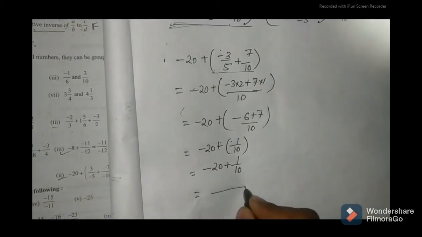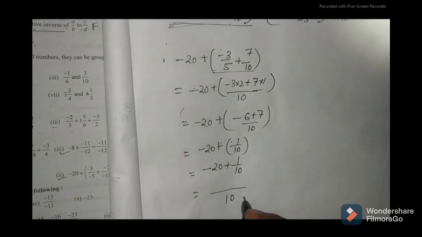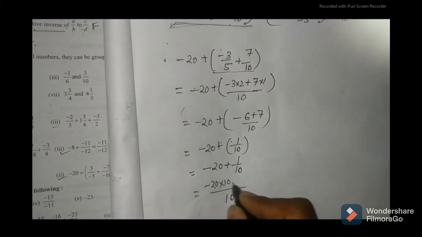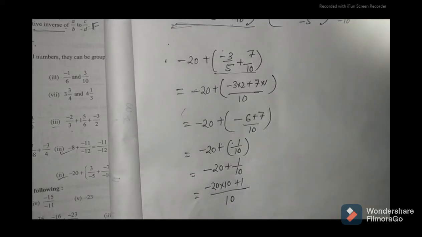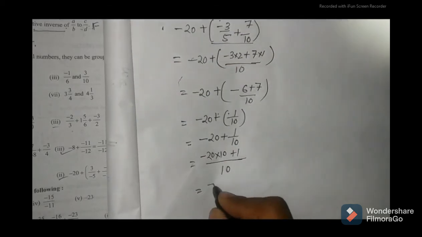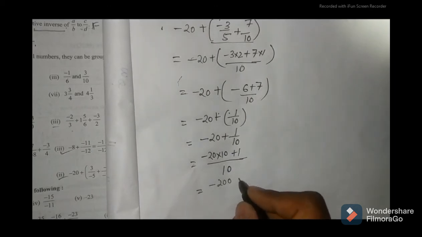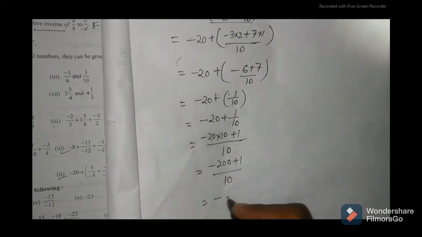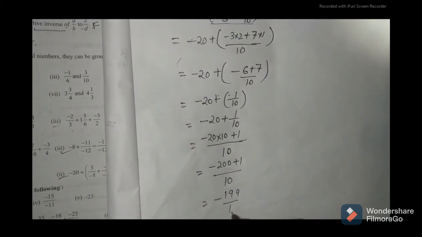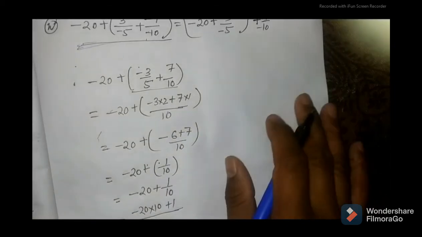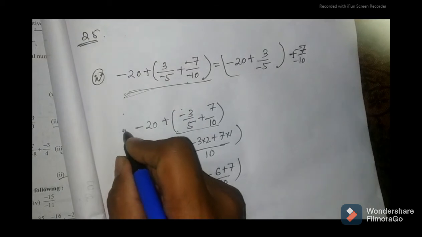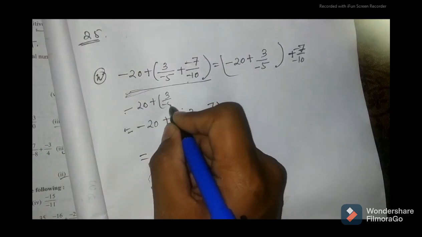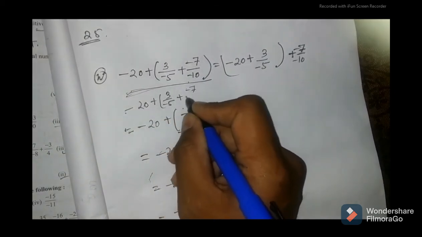So if we add this one, here it becomes LCM 10, minus 2 into 10 plus 1, equal to minus 200 plus 1 by 10 equal to minus 199 by 10. I forgot to write here 3 by minus 5 plus minus 7 by minus 10.